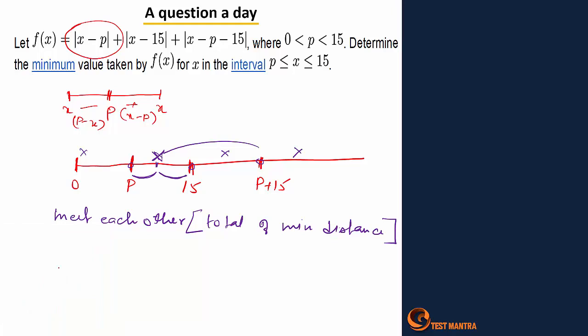Now this total minimum distance is nothing but f(x), as I'm just adding these displacements here, right? Since I want the total distance traveled to be minimum, I'll have to fix one person and make the other 2 move.